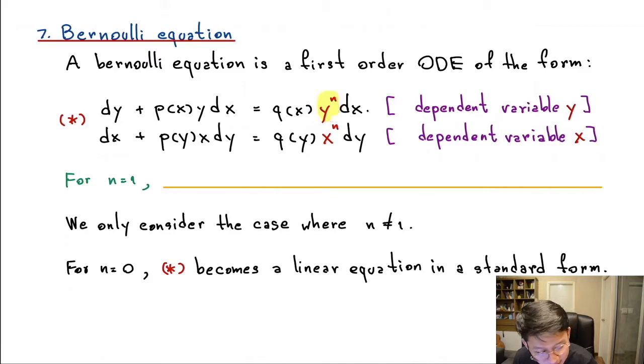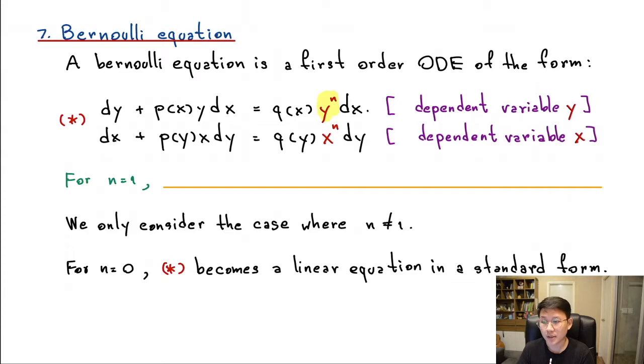If I just delete this, I'll recover what we did in the previous section, which is the linear equation of order 1, right? And similarly for the case when x is dependent, if I delete this part, we're going to get the linear equation.